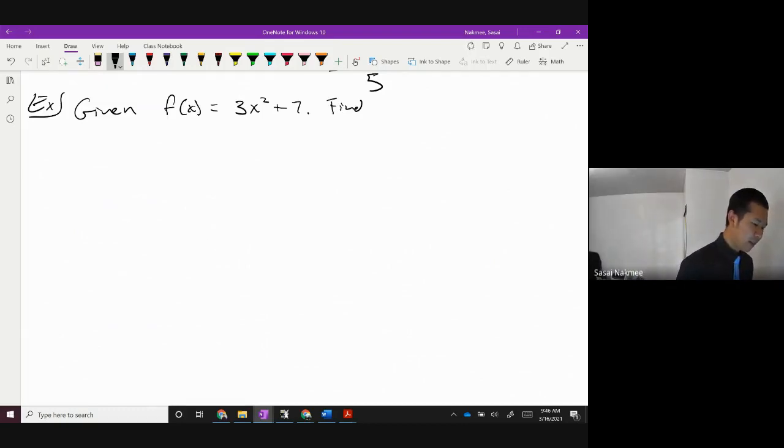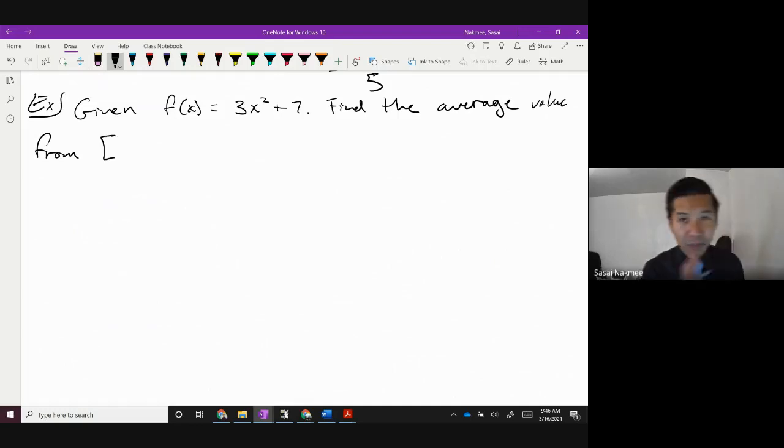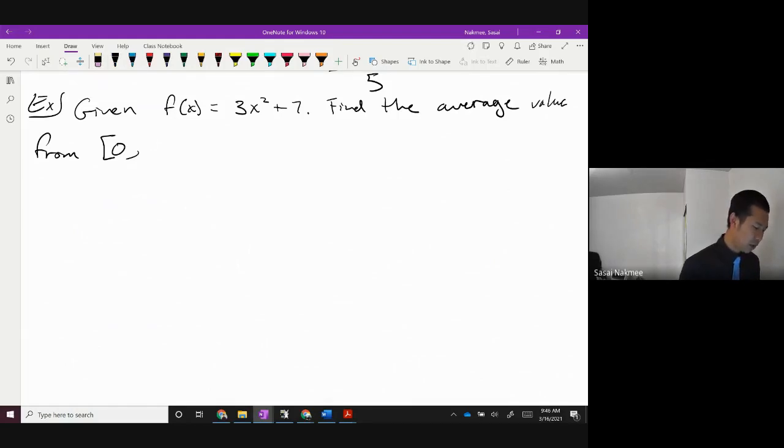Find the average value from, here we go, 0 to 2. 0 to 2.